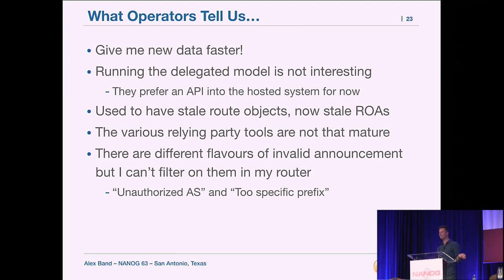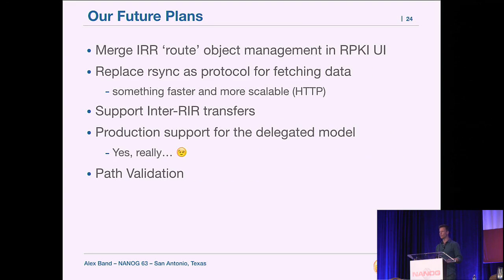But there's no way to distinguish between that. For example, in your Cisco and Juniper routers, you can only create a route map based on invalid. And there's no way to say, OK, let's do one or the other. So that's another thing that we get a lot of feedback about. We tried to sort of circumvent that in our relying party software. We also built in a RESTful API where you can filter on that, but then you can create filters outside of your router. But if you want to use this natively in your router, you don't really have that option.